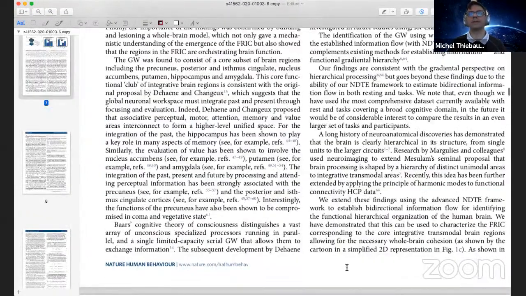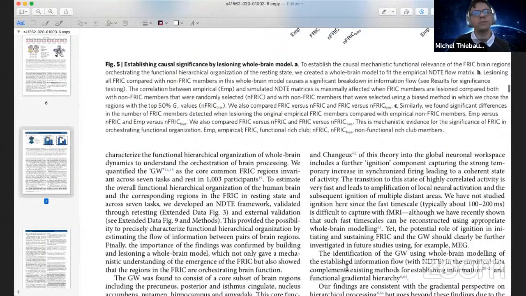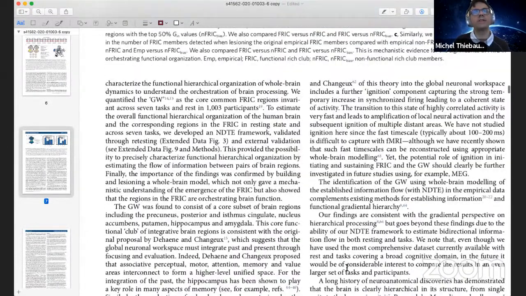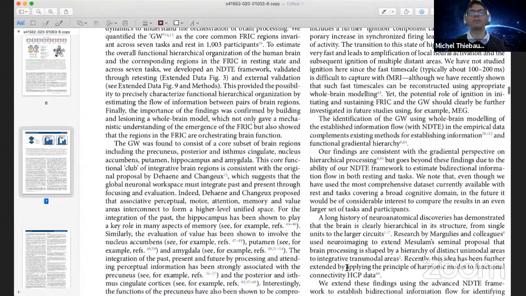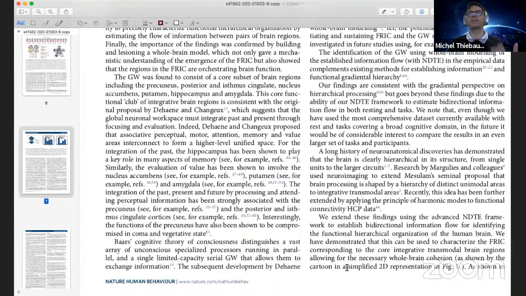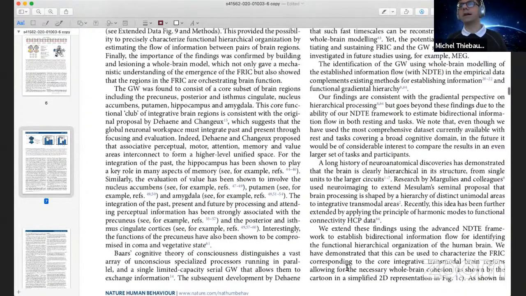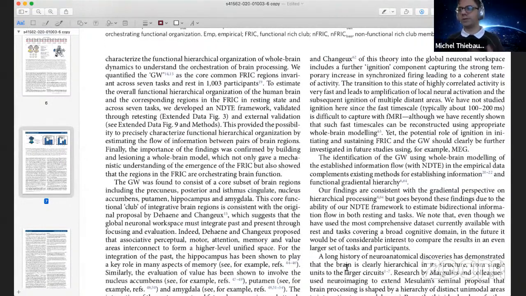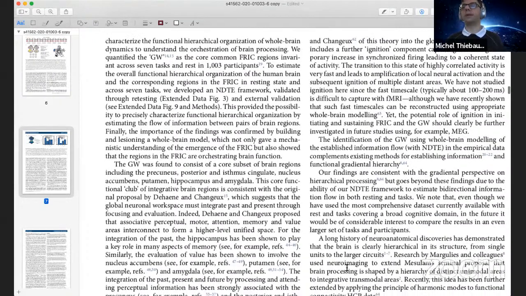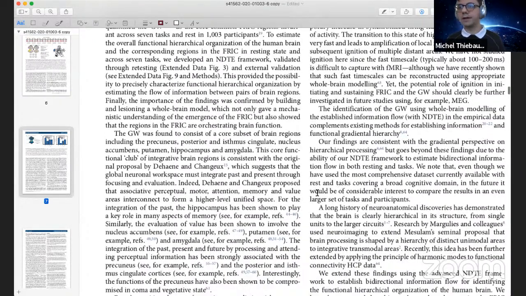Let me find that. Mostly what they were saying is that it actually complements the principal gradient nicely, where we just know those regions are correlated and anti-correlated. But here you have a directional kind of interaction between subregions of the gradient. So that gives really a mechanistic dimension beyond the gradient. I think it's here.